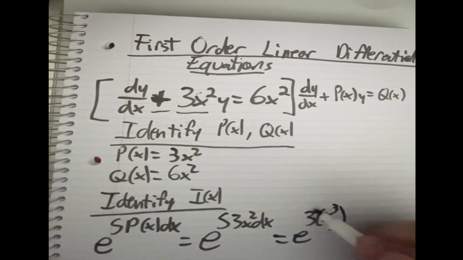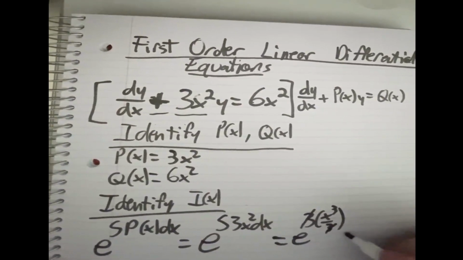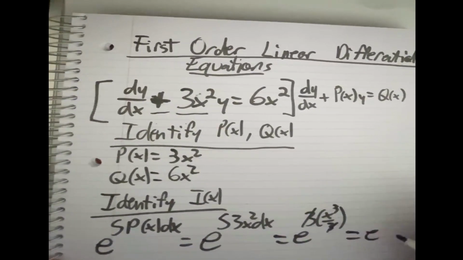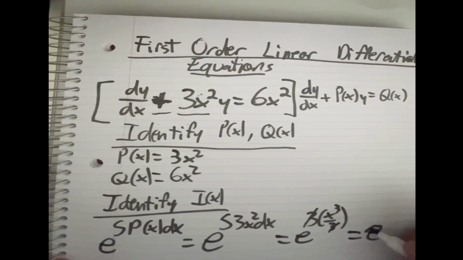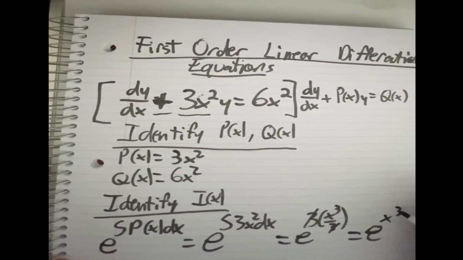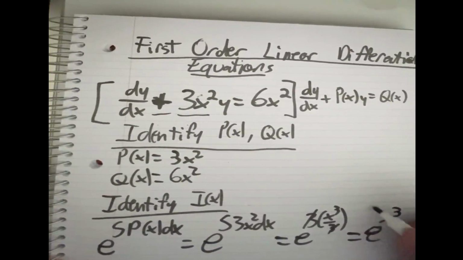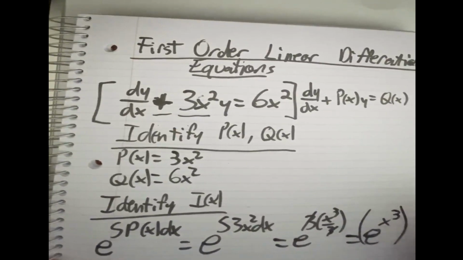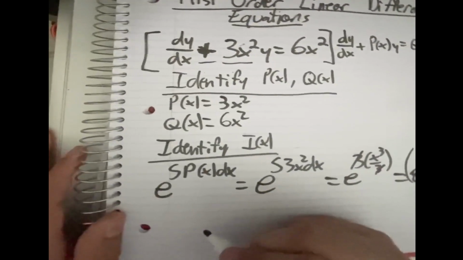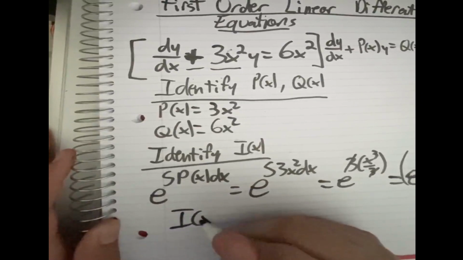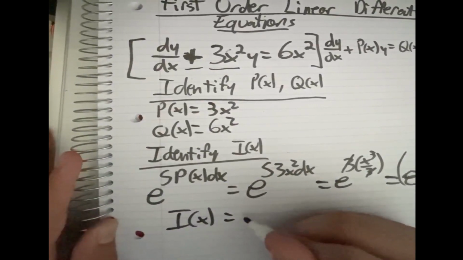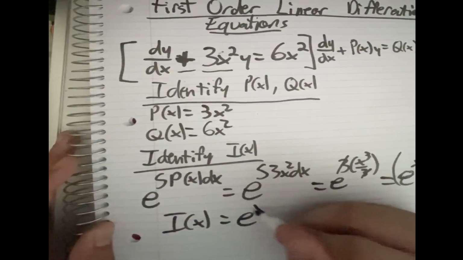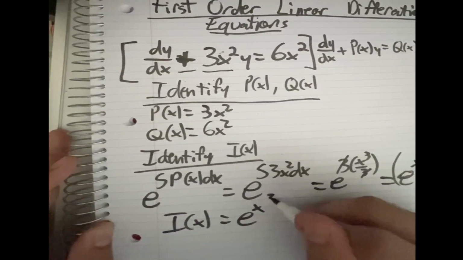So all we do here is cancel the 3's out, and we're left with e raised to the x cubed. So now this is our integrating factor. Our I of x is equal to e raised to the x cubed.